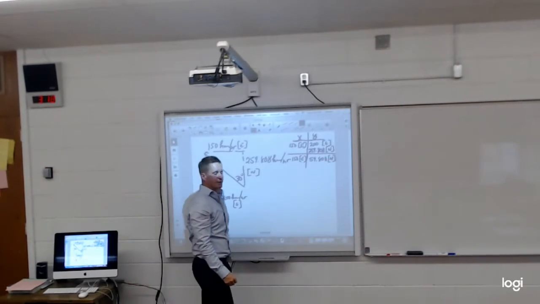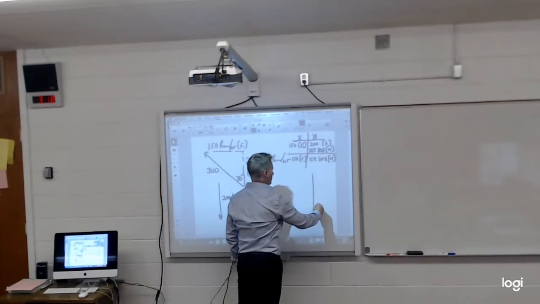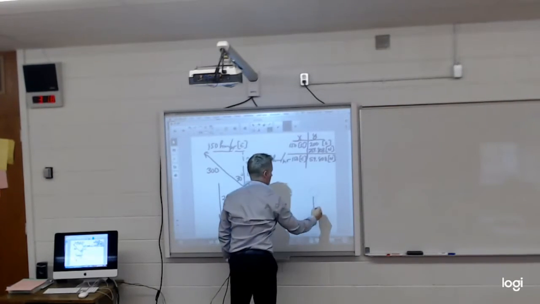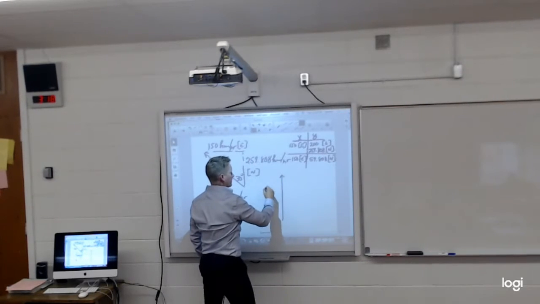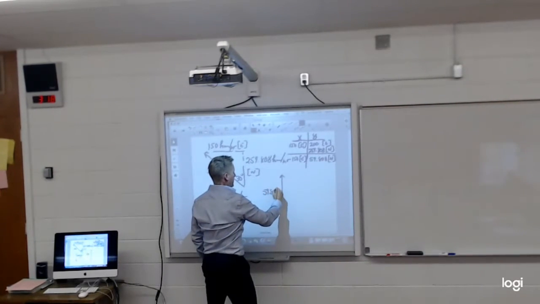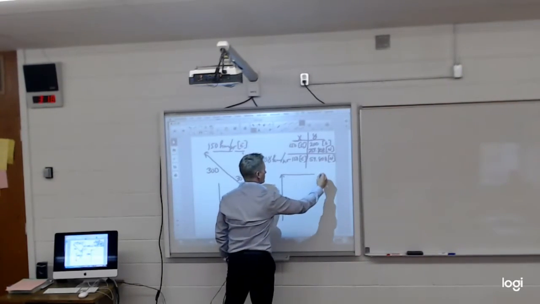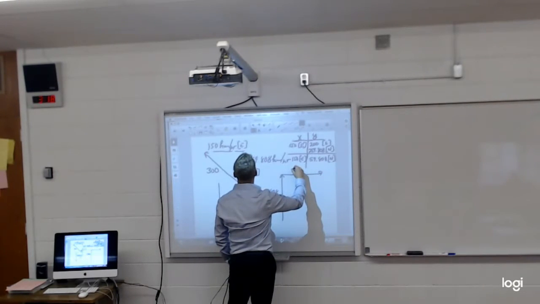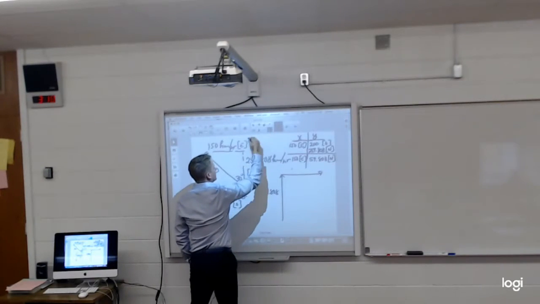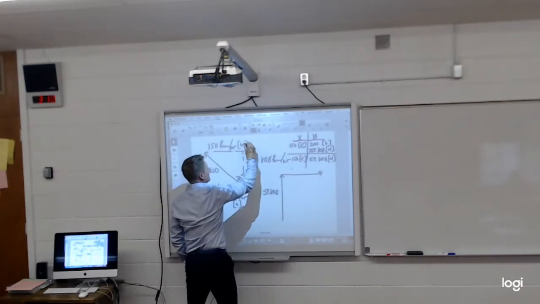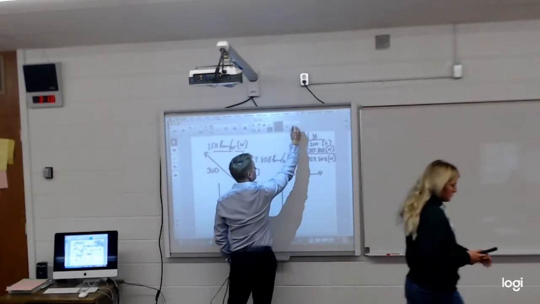Now I draw a right triangle with 59.808. Sorry guys, this should have been west. It was given to me as west in the question. What about the 300?